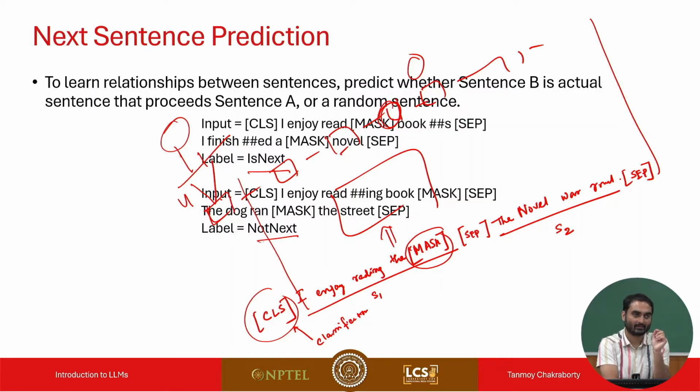Remember, the CLS token also acts as a normal token, meaning CLS also attends to all the other tokens in the self-attention part. So CLS has information about all the tokens. But CLS is a token which doesn't indicate any meaning present in the sentence, because it is not a part of the sentence at all.